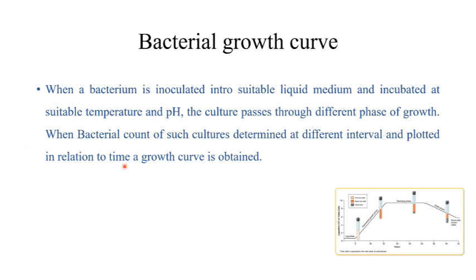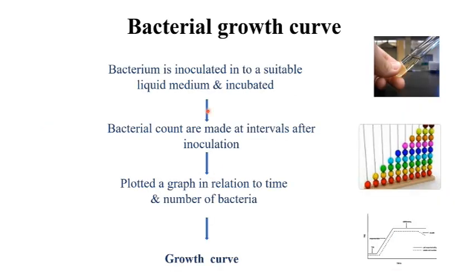So in the bacterial growth curve, first we will inoculate the bacterium into a suitable liquid medium, and we will wait for incubation. And during incubation, bacterial counts are made at intervals after inoculation, and we will plot a graph in relation to time and number of bacteria, and we will get this bacterial growth curve.